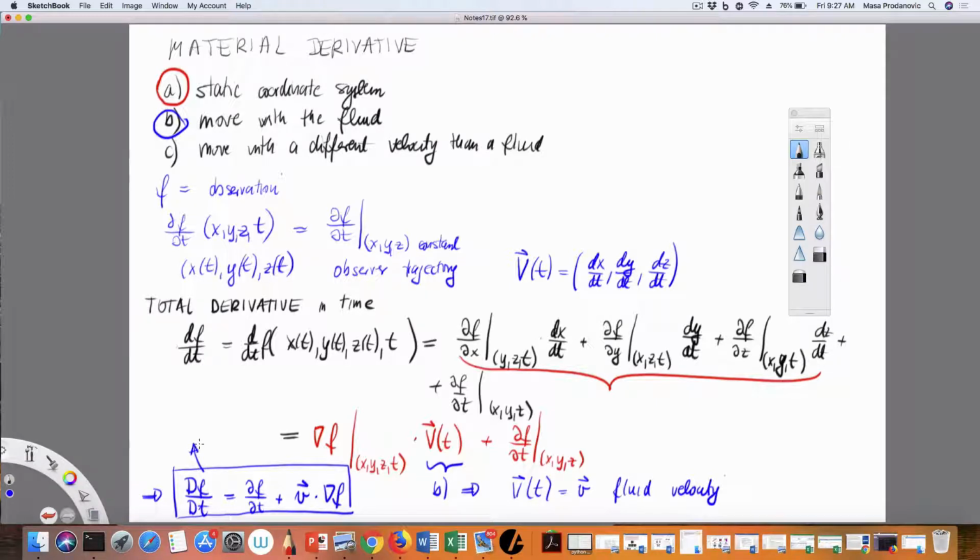And that is the material, substantial, or hydrodynamic derivative of f, of course.